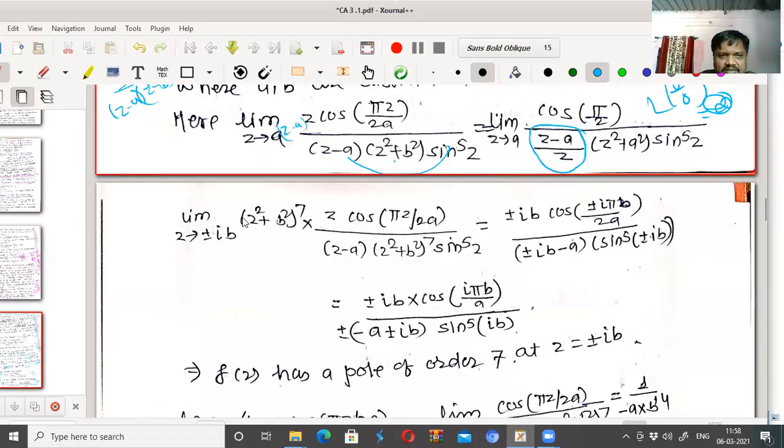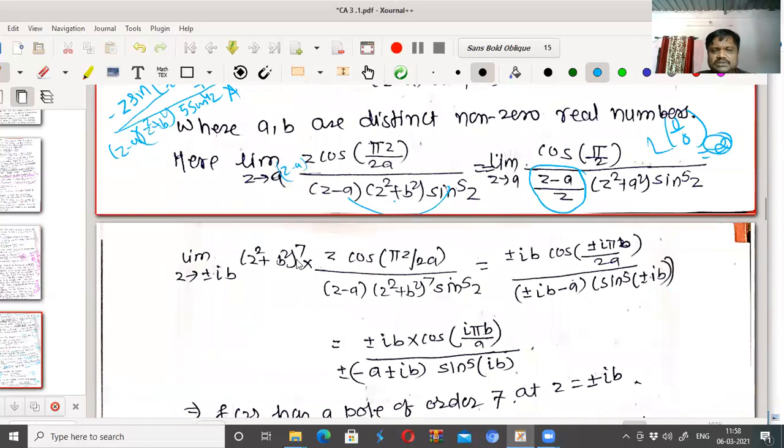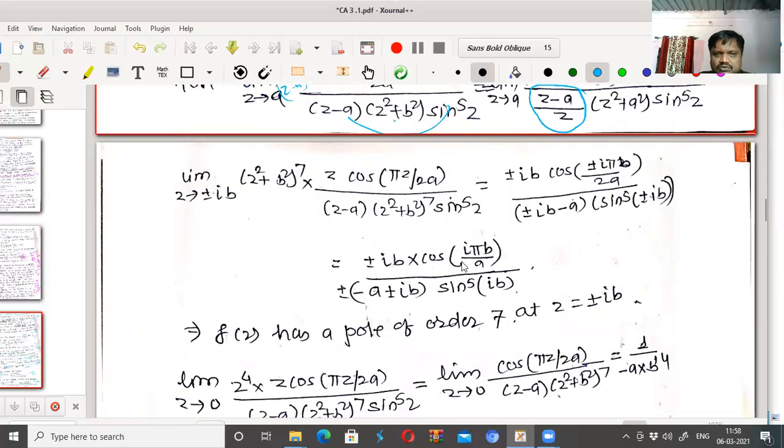Now I am finding the limit as z tends to plus or minus ib, z square plus b square to the power 7, right? You get z into cos pi z upon 2a, z minus a, z square plus b square to the power 7, sin raised to 5z. These two will be cancelled. We get z is plus or minus ib, cos plus or minus i pi b upon 2a, and this holds plus or minus ib into cos of this one.